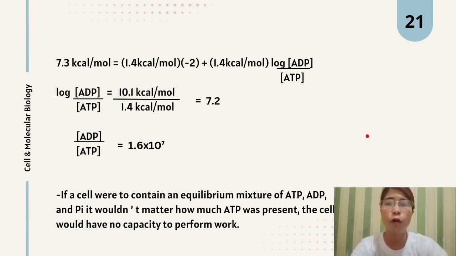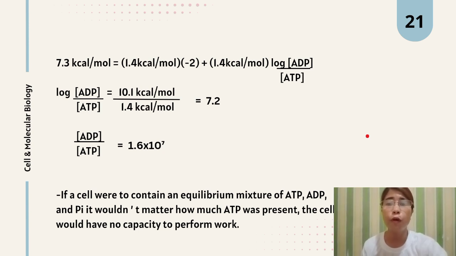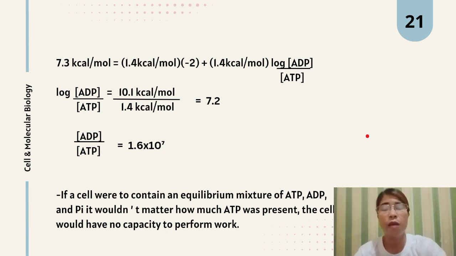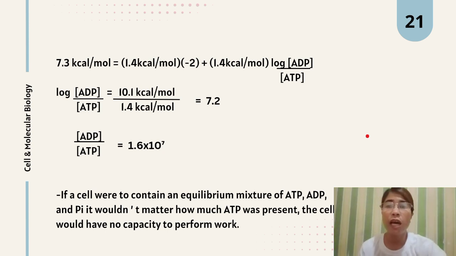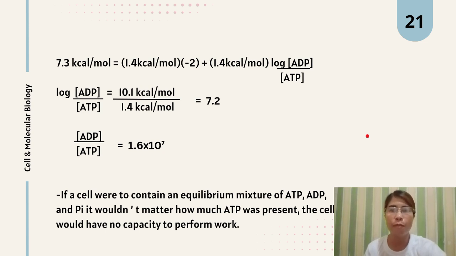Pakisundan na lang po. Pagka po kinompute nyo yan, ang kalalabasan niyan ay 10.1 kcal per mole over 1.4 kcal per mole. So, pag dinivide nyo po yan, magiging 7.2. So, saan po nanggaling yung final answer natin na 1.6 times 10 raised to 7. So, dapat po yung logarithm natin ay isusulat po natin ng base 10.